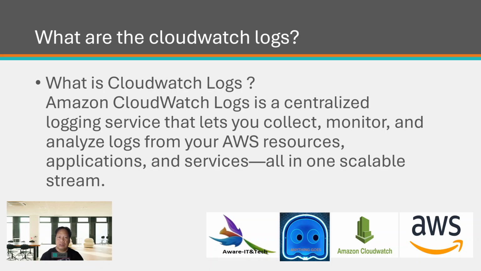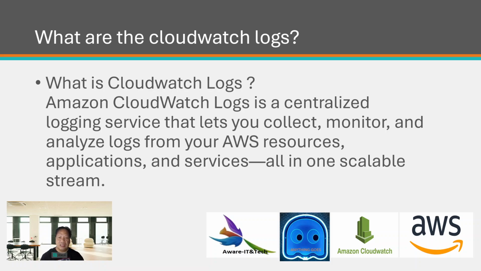in the cloud, it's different. We don't have a separate OS log. We don't have a separate database log. We don't have a separate application log. Instead, everything is centralized into Amazon CloudWatch Logs for AWS.